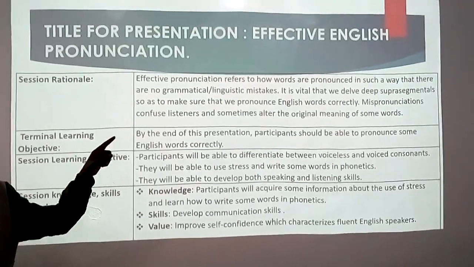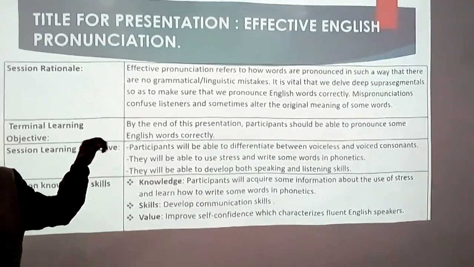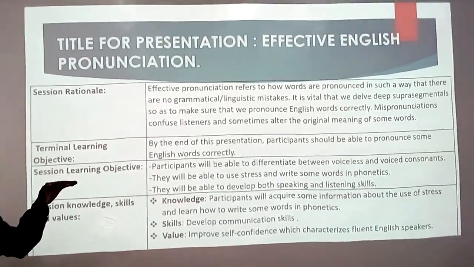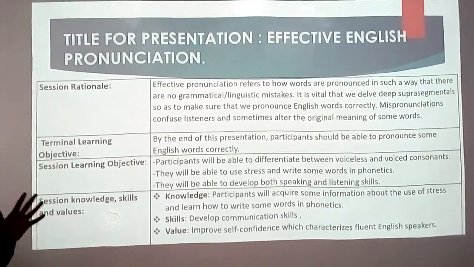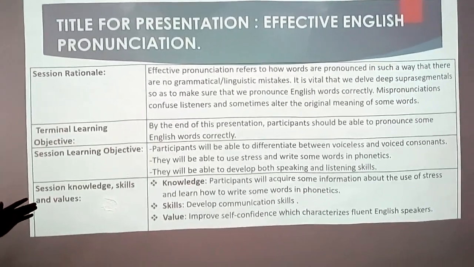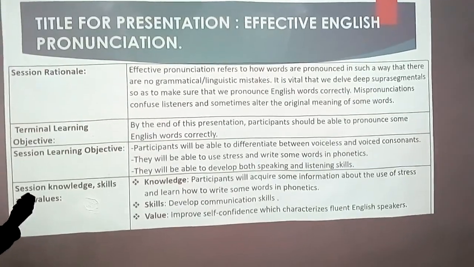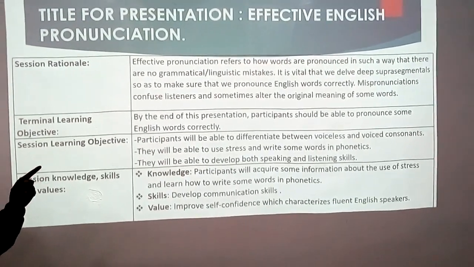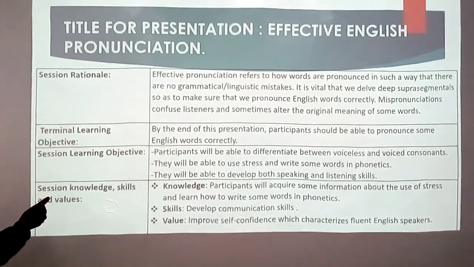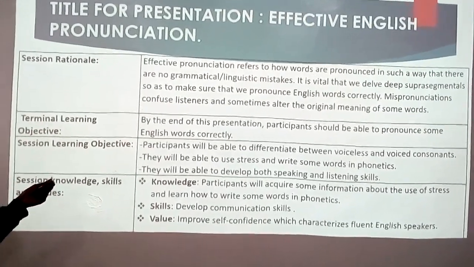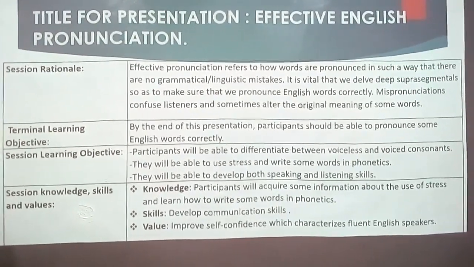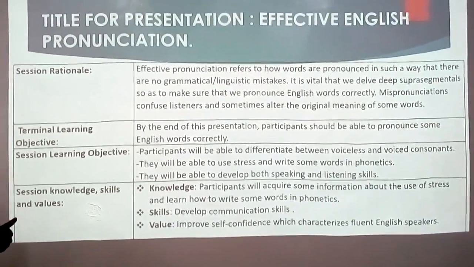Of course, it is vital that we delve deep into supra-segmentals so as to make sure that we pronounce English words correctly. Okay? Mispronunciation confuses listeners and sometimes alters the original meaning of some words. And now, without dwelling on this, we would like to go to things that are going to make it easier for you to understand. Okay?